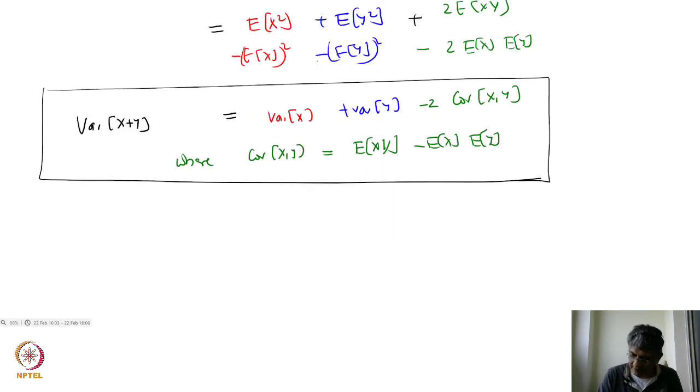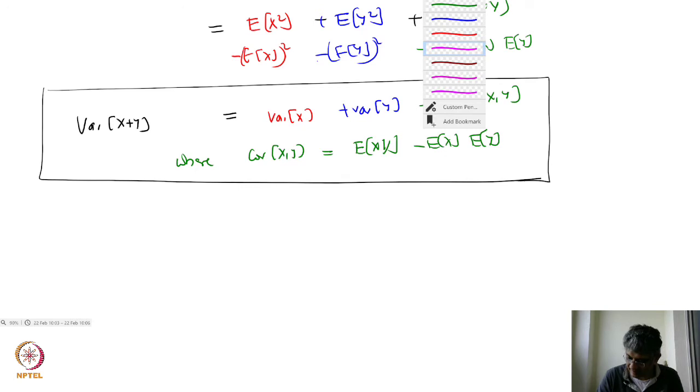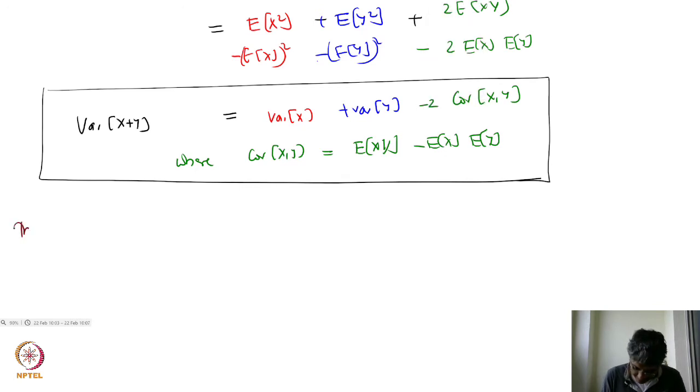And one corollary is the following. Let's write the corollary down. This theorem, let's say, is quite useful. Suppose X and Y are independent random variables.